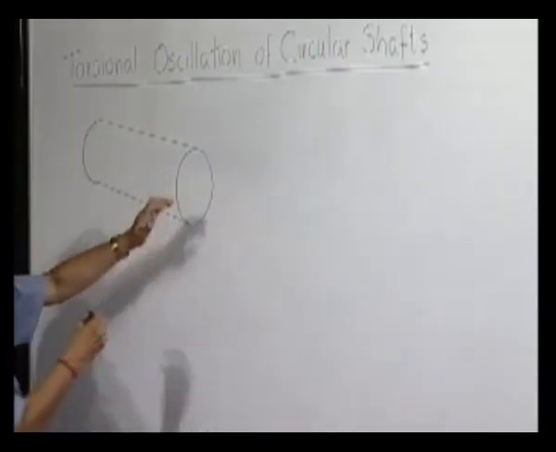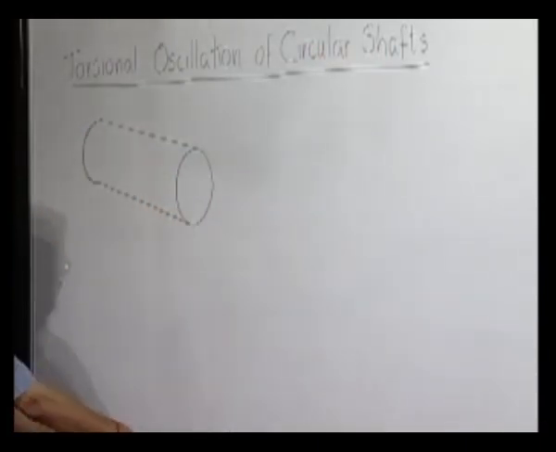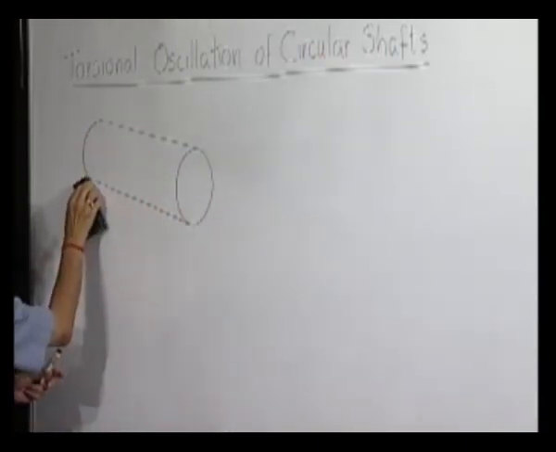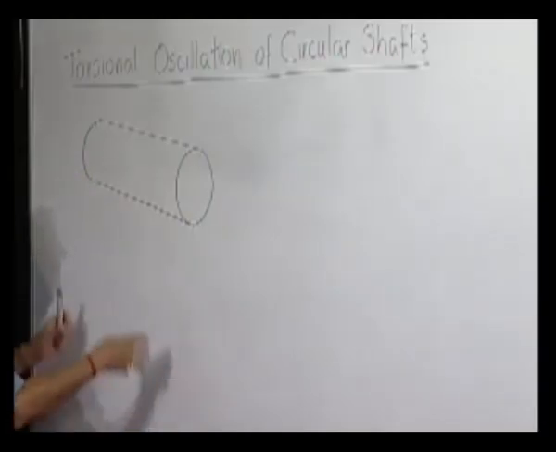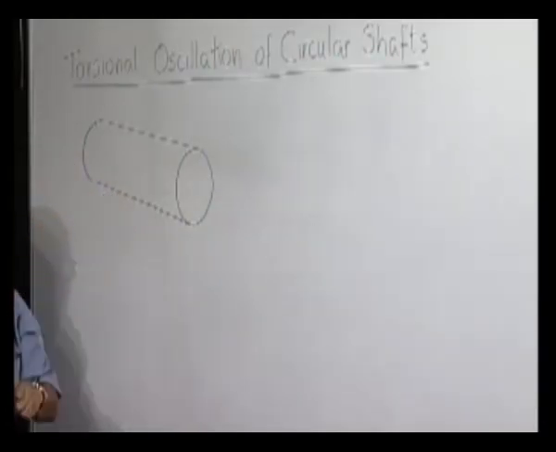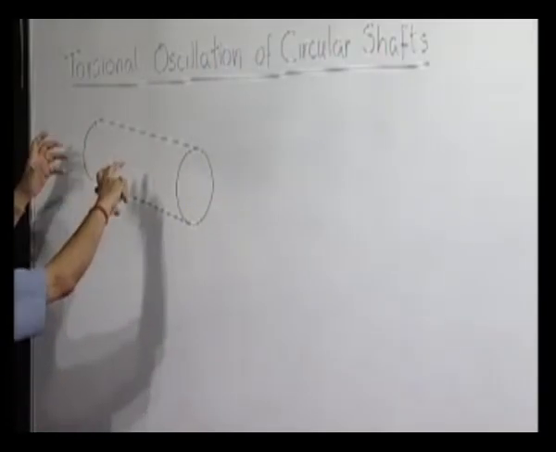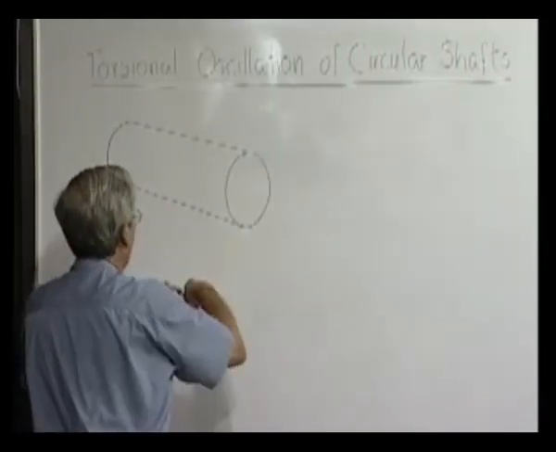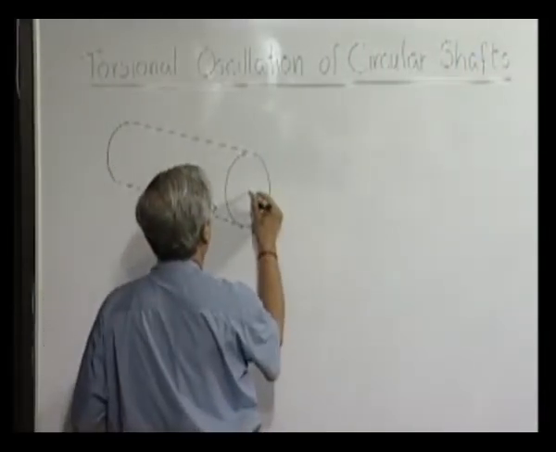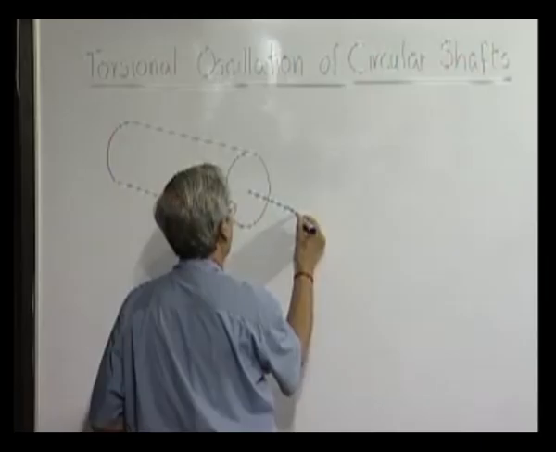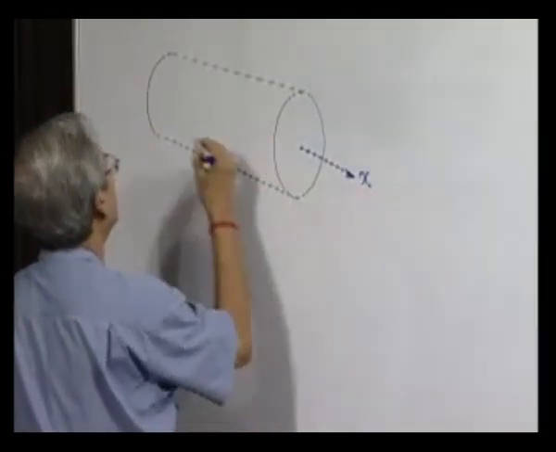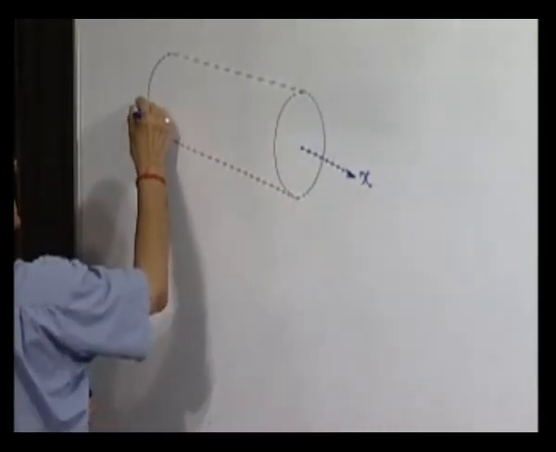So this is the uniform circular shaft in question, and the mode of oscillation, as I have already explained in my previous presentation, will be about an axis we call the longitudinal axis x, whose origin is here at O.